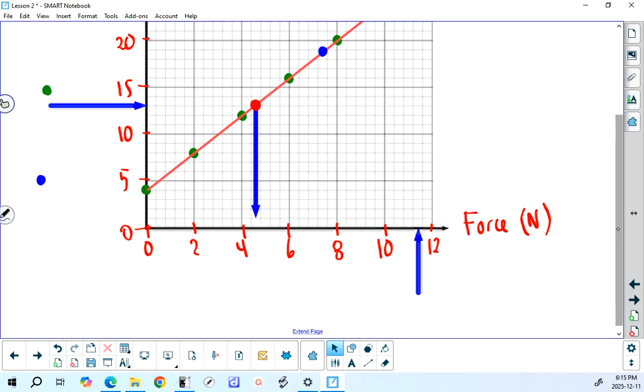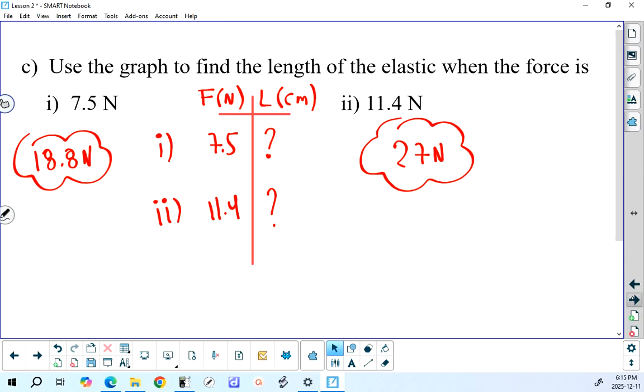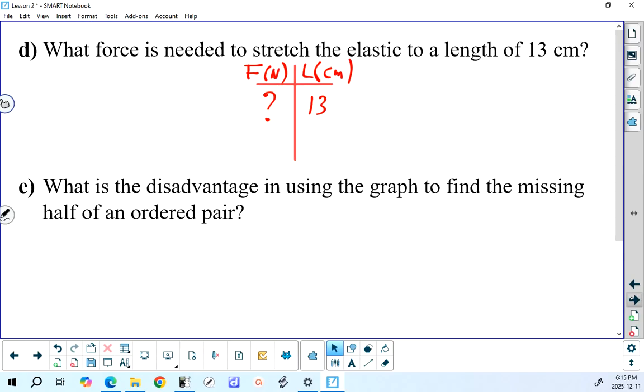Whoops, over here. Well, it's somewhere between 4 and 5. Let's call it 4.5. It's probably a little bit more than 4.5, but doesn't matter. Close enough. So 4.5.